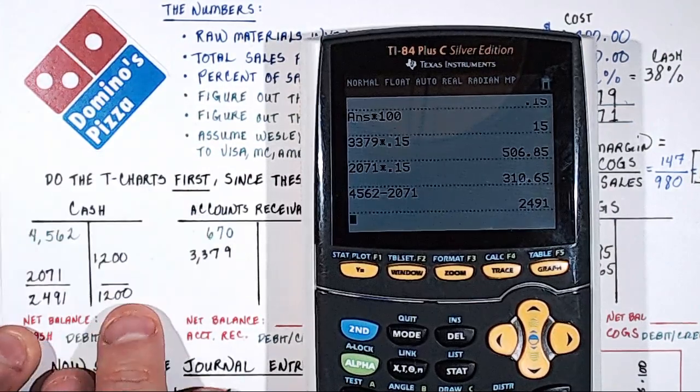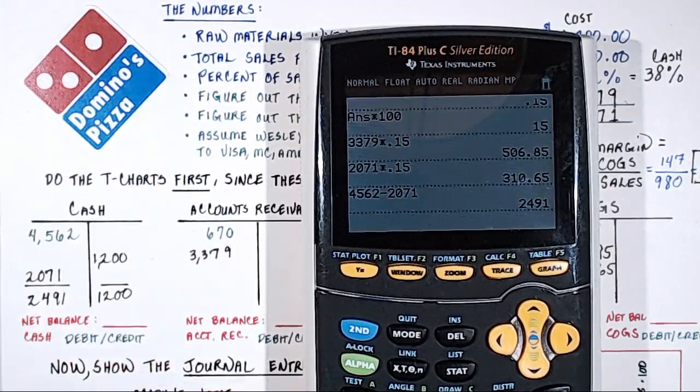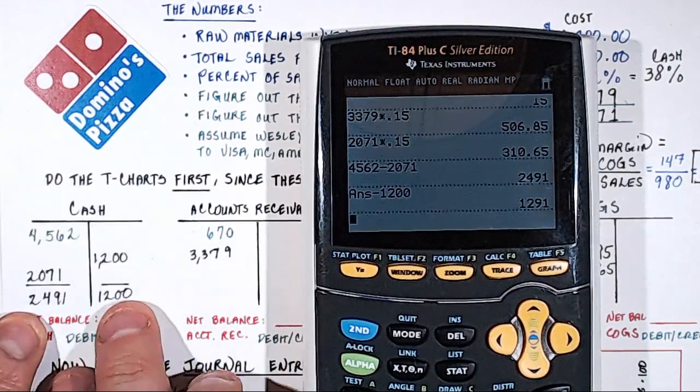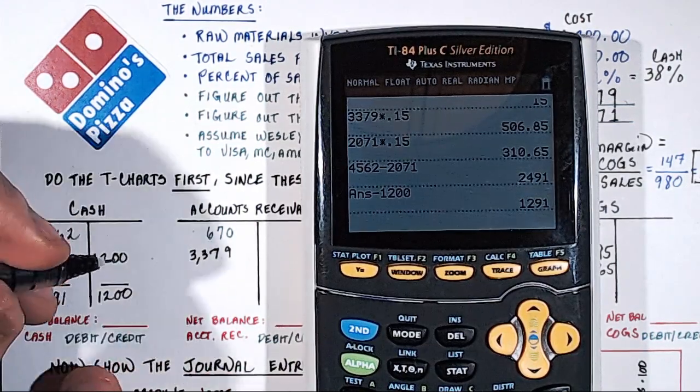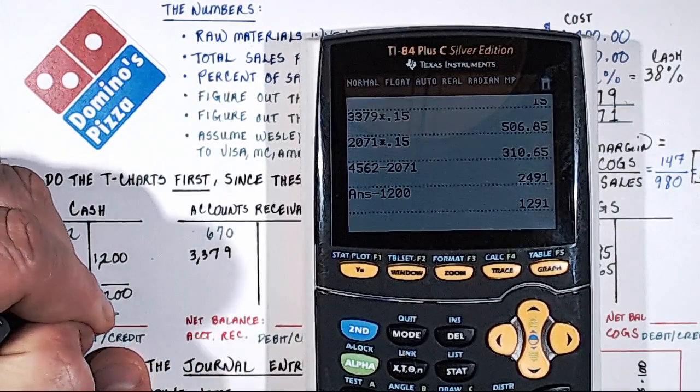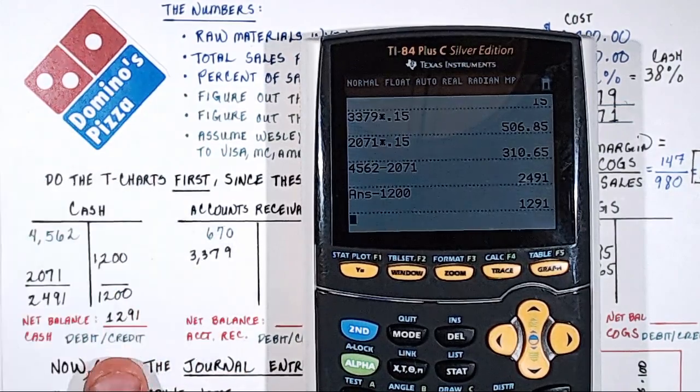So the net balance will be debit minus credit. I'll subtract 1200 from 2491. Because the credit is smaller than the debit, you end up with a debit balance of $1,291.